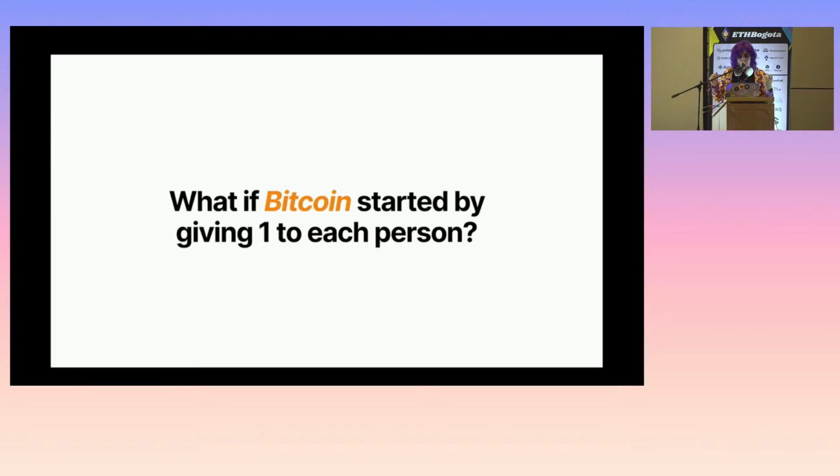And so at WorldCoin, we had this question: what if Bitcoin had started, instead of however it got started, by just giving 1 Bitcoin to every human in the world, and then seeing how the network effects played out, how having a currency that was fully globally available played out in a modern, online cryptocurrency world? And so we wanted to find this out.